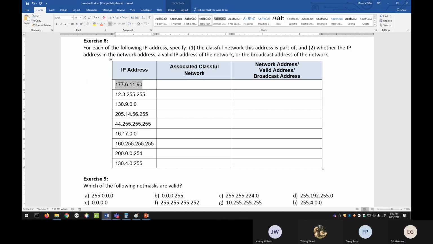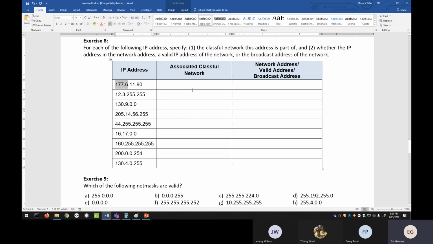Why? The first byte, which is 177, is between 128 and 191. So it's B. So what is the default mask of a B? It's /8, /16, or /24? /16, which means that I cannot change the first 2 bytes.